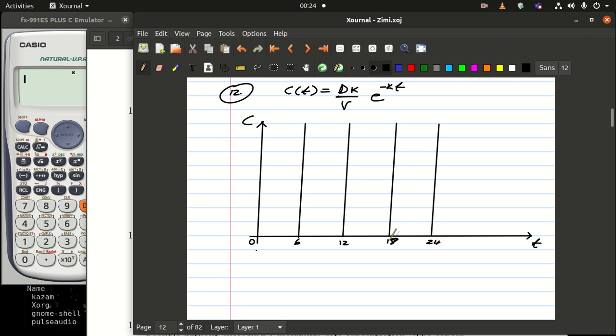So we keep injecting a dose after every 6 hours, and we want to manage what is going to happen after every 6 hours. The next thing I'm going to do is make these dotted lines. Of course, these are dotted lines, and here these are dotted lines.